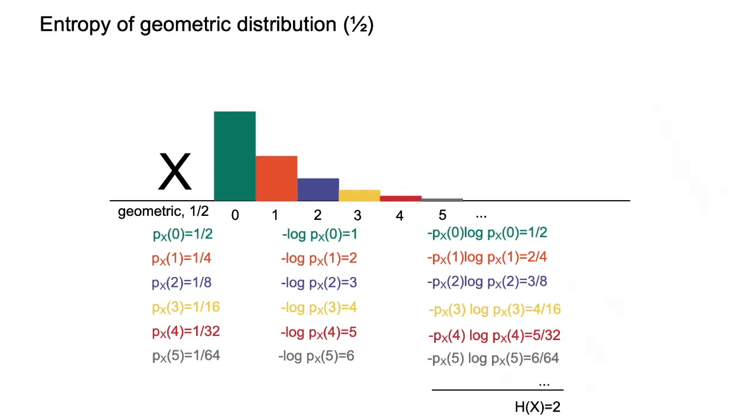Okay. Now, minus log of that. Well, since it's negative powers of 2, it's not going to be surprising that minus log of that is just increasing integers, right? So 1, 2, 3, 4, 5, 6, and so on. If I now compute the average of that, so I multiply on every row 1/2 times 1, 1/4 times 2, and so on, and I sum over that, I get an optimal encoding of 2 bits.